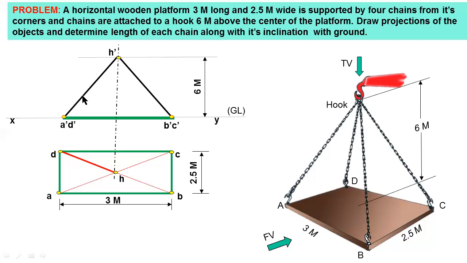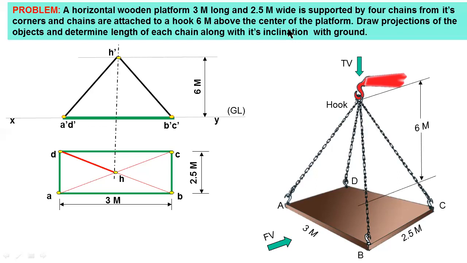These chains are inclined to both planes, that is HP and VP. In the given problem you have to find the inclination with the ground only. There is no need to find the inclination with the vertical plane.